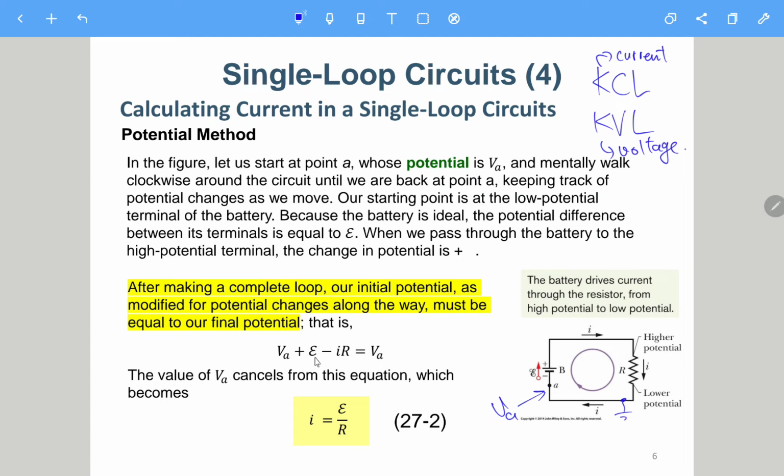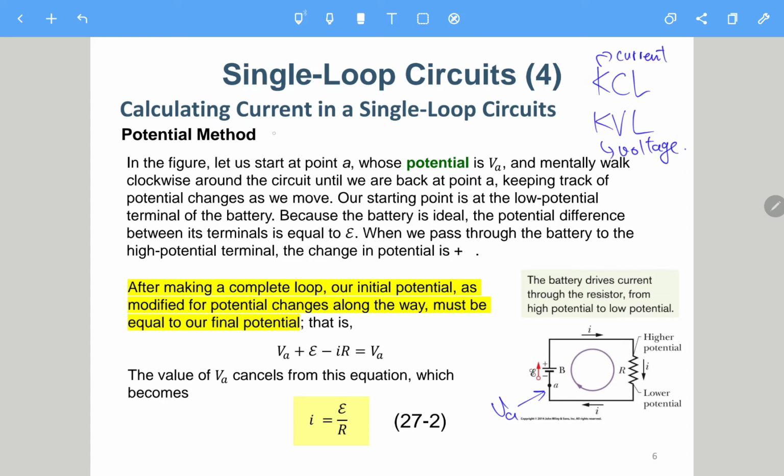But here it's just mentioned like this: without assuming this to be ground, it just assumes this potential is VA here, and then mentally walk clockwise around the circuit until we are back at the point.